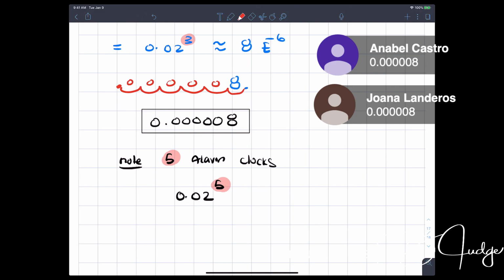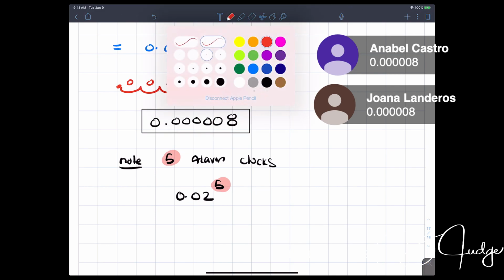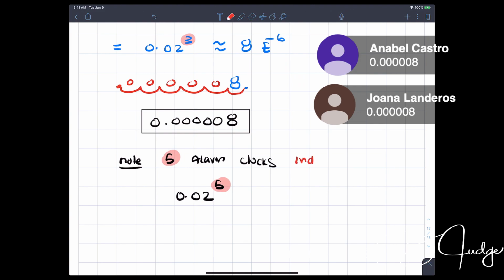So if you keep buying clocks, they all function again. The key phrase here today, independent. Independent of one another. The past has no effect on the present, analogous to being with replacement. We can just actually use this for any number of clocks now.